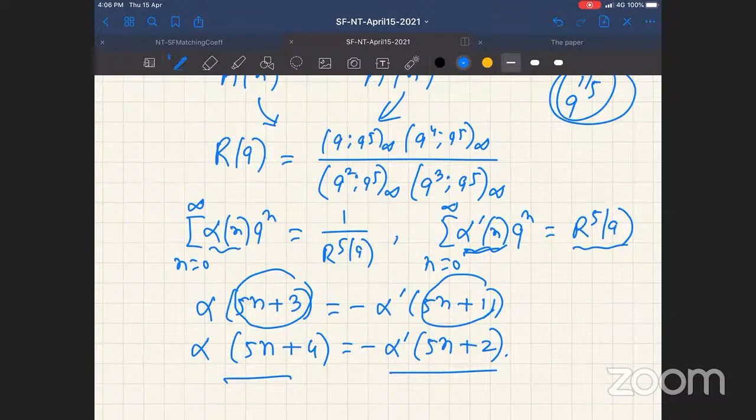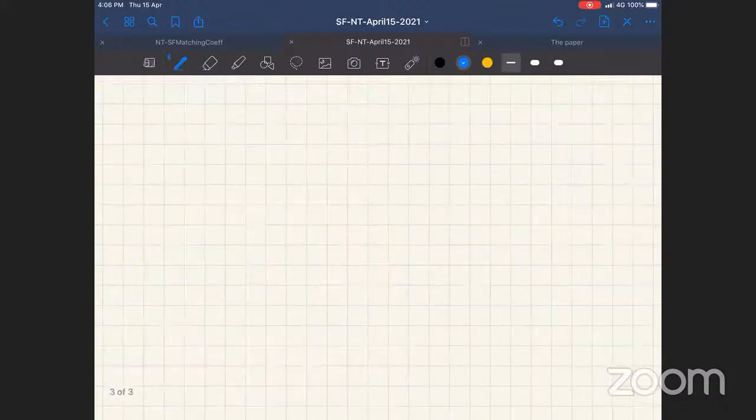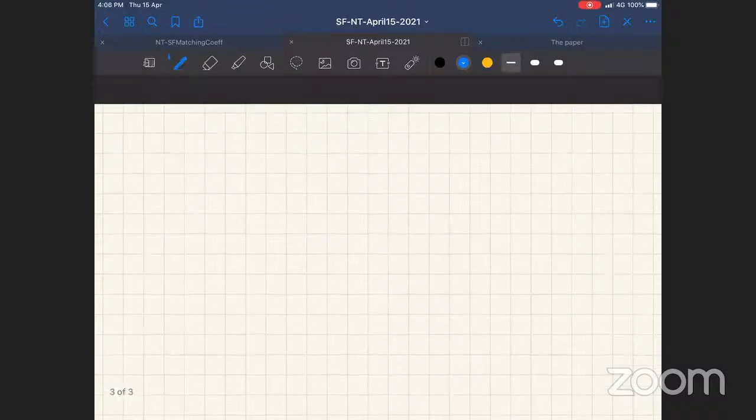And there might be more such relations among the coefficients of such Q products and their inverses. The first example I want to give is from some Q product identity arising from Jacobi's famous identity. So let me state that.